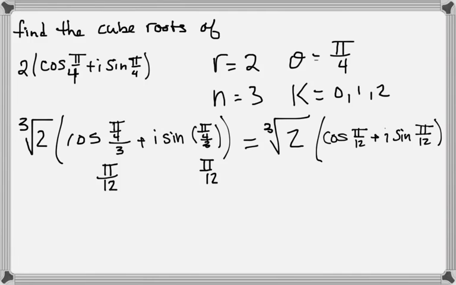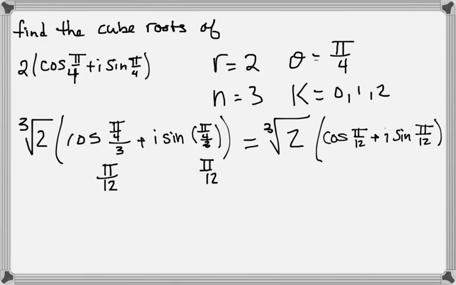So 17 over 12 pi. Isn't it 3 pi over 4 over 3? No, that's after you. You had 9 pi over 12 over 3 or something like that. Or 9 pi over 4 over 3. I don't remember. So theta is pi over 4, right?